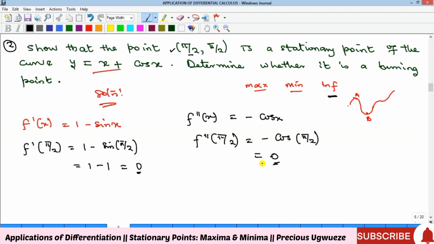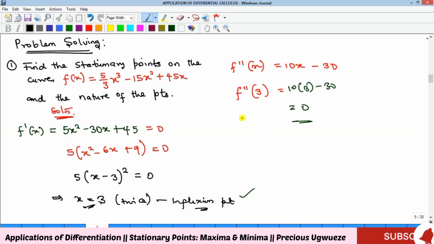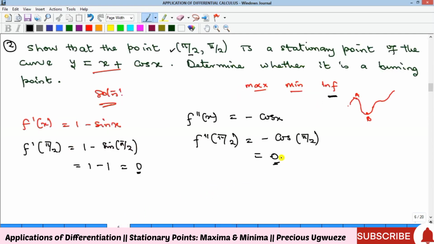And so what you have here, when you substitute your x, is 0, and like in the previous example we did, whenever you substitute the stationary point and you have 0, then it is an inflection point. And so this is what? An inflection point. So it is not a turning point.